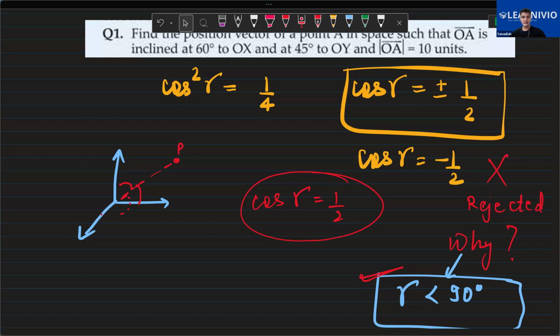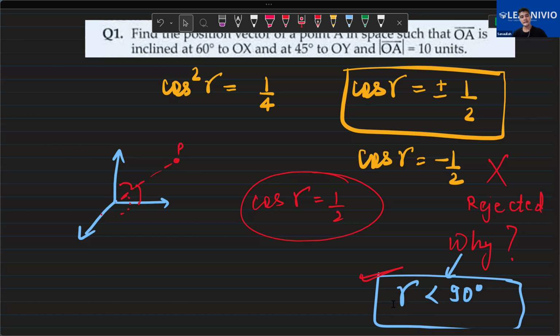Yes, sir. Okay, now you have cos gamma. अब यहाँ से आगे कैसे किया था आपने सॉल्व? You know your magnitude, you know the direction, so आप easily find कर सकते हो. आपके पास डायरेक्शन कोसाइन वेक्टर है. What is the direction cosine vector? It's 1 by 2 i cap because cos 60 degree है cos alpha, and 1 by root 2. Why?